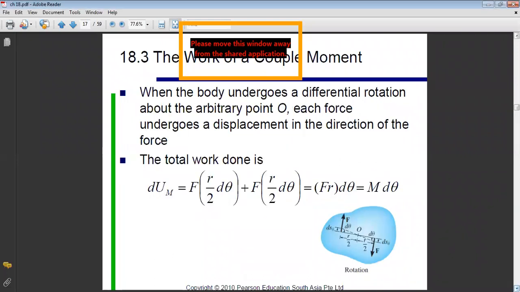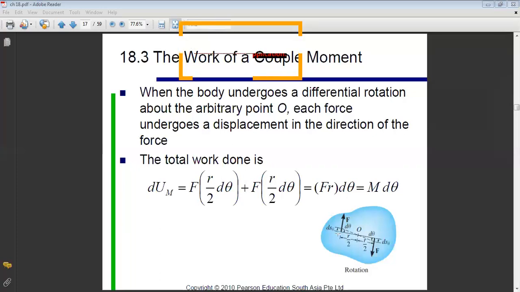Now, in order to derive the expression of the work of a couple, let's consider two opposing forces acting on a body. Each force will produce work. If you consider the work of this force F, it will cause a small displacement. The work of the force is F times the displacement. Looking at the figure, the displacement ds can be related to the distance from O and the displacement angle d theta.